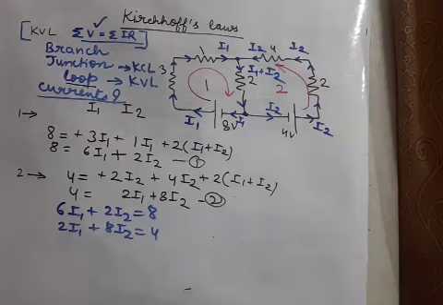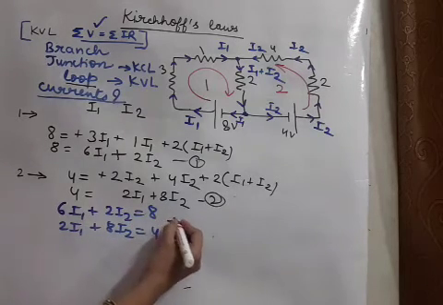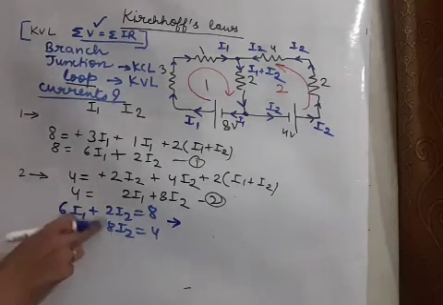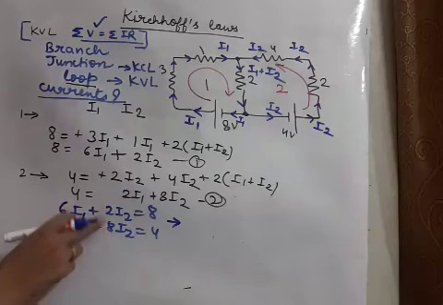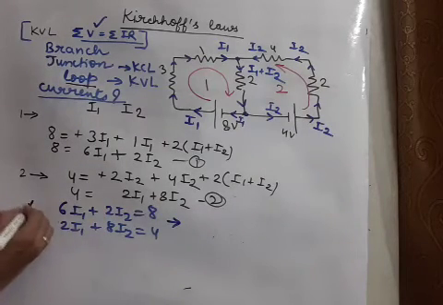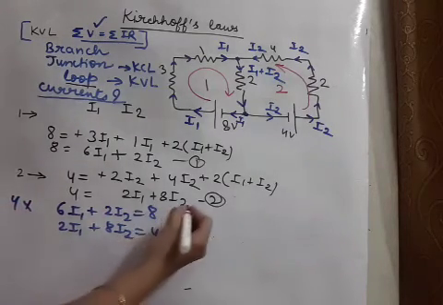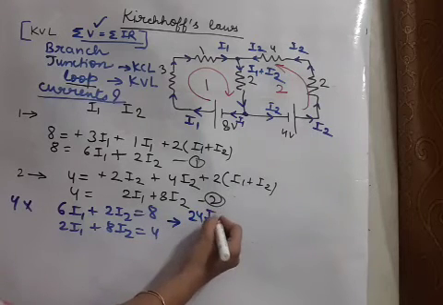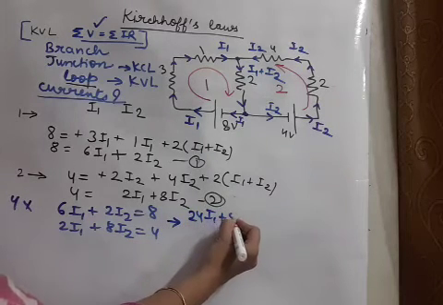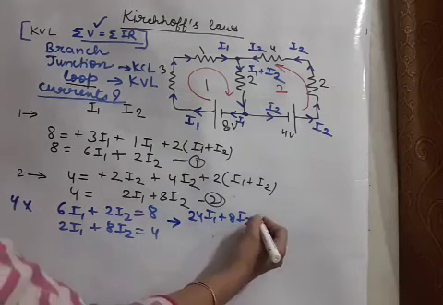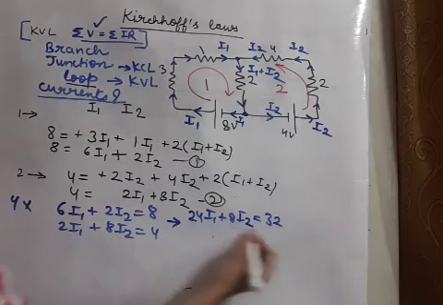As we simplify them, we can remove I2 by multiplying the first equation by 4. So we get 24I1 plus 8I2 equals 32.